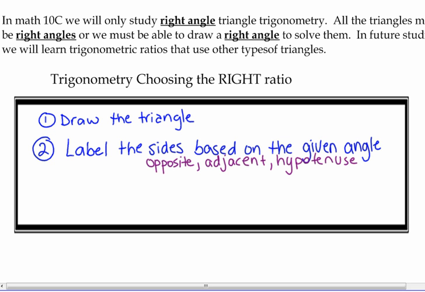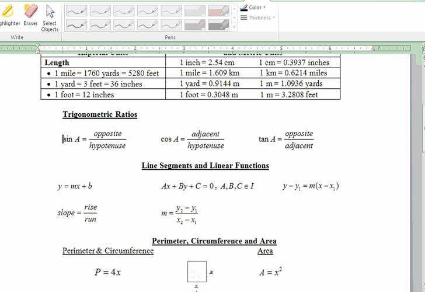So if you look at your formula sheet, once we've labeled our side, we need to figure out which ratio we're going to use. And how we're going to figure out what we use is based on what we're given. And on your formula sheet, I use a little acronym. So if you look, this is sine, S-O-H. That becomes so. C-A-H, ka.